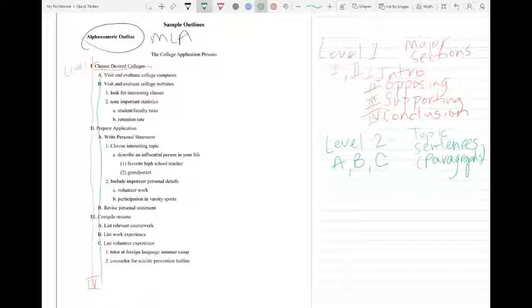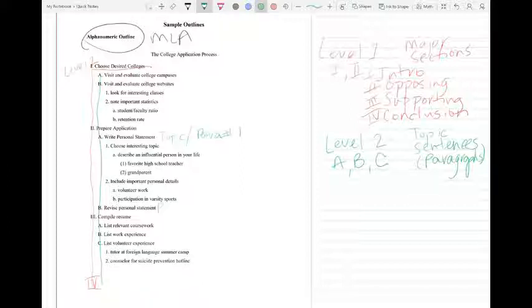Okay, and so here would be topic sentence or paragraph number 1, and then this would represent, I'm sorry, I'm in the wrong one. Erase that, sorry. I'm being very careful.